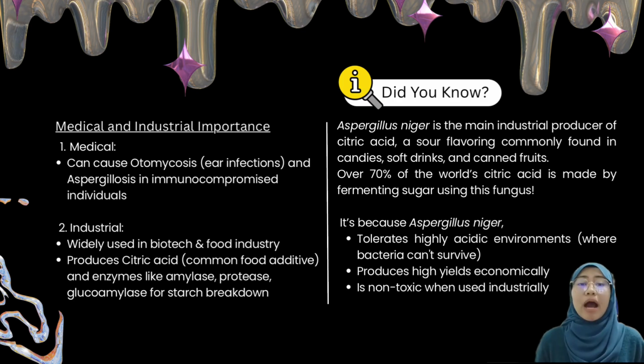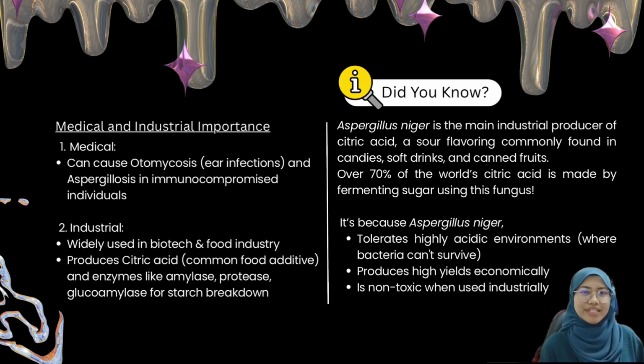Now let's talk about why this fungus is important both in medicine and industry. Medically, Aspergillus niger can cause ear infection like otomycosis and even aspergillosis, especially in people with weakened immune system.